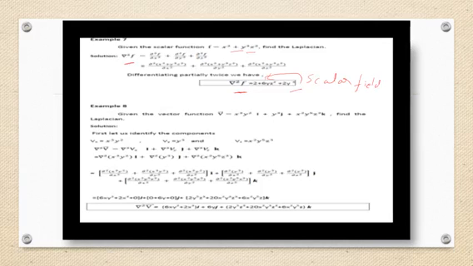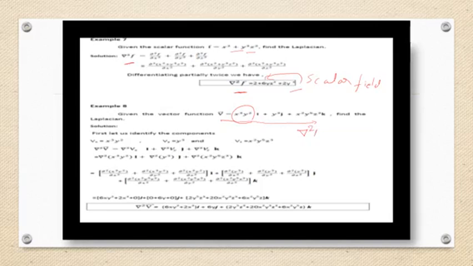Then here it is a vector field and we have to operate Laplacian. While operating, we will note that this is a scalar Laplacian. Therefore, in Cartesian coordinates, it is quite easy.